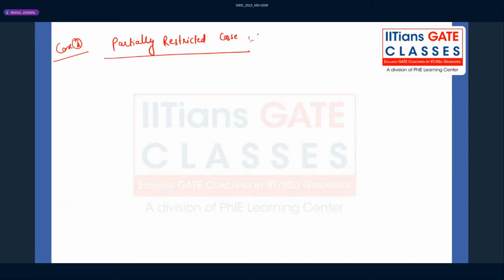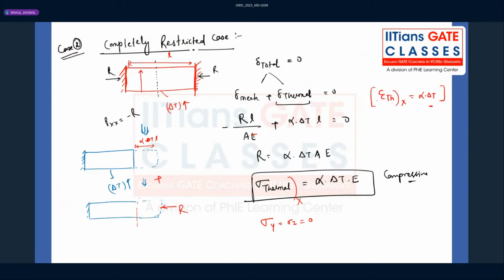And remember, my dear friend, here we have considered a circular bar having diameter d, for example. In this scenario, the total deformation is zero in the x direction. Remember, it is zero in the x direction, not in the y and z directions. We have certain deformations in the y and z directions, right?